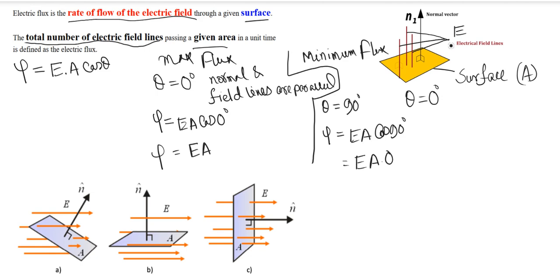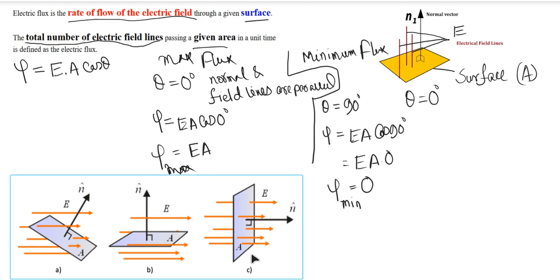So EA times 0, so this phi will be 0. So this will be the minimum value, and the earlier phi will be the maximum value.